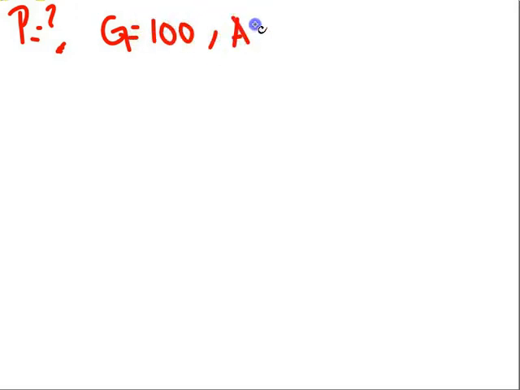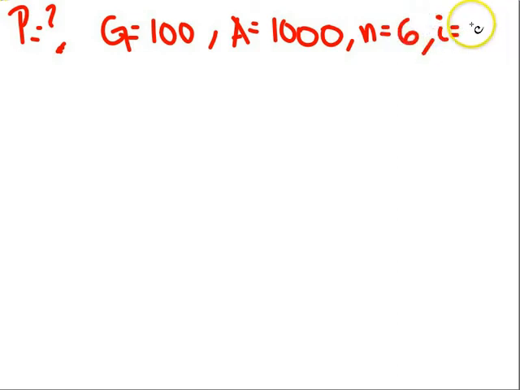Okay, so let's consider an example in which we're interested in knowing the present value of a series of cash flows. Let's consider that the gradient is $100 and the annuity is $1,000, the number of payments is 6, and the interest rate is 10%.